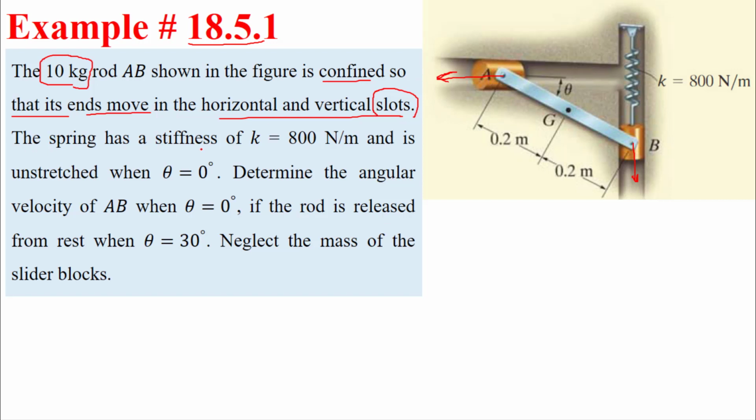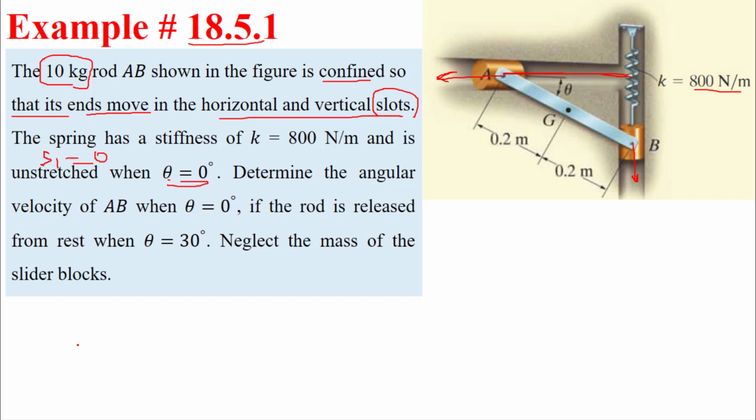The spring has a stiffness of 800 and is unstretched when theta equals 0. So when theta equals 0, that means this bar is located completely horizontally, and the spring is unstretched. So S equals 0 when theta equals 0.